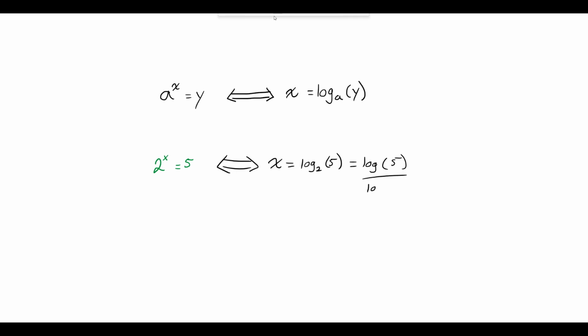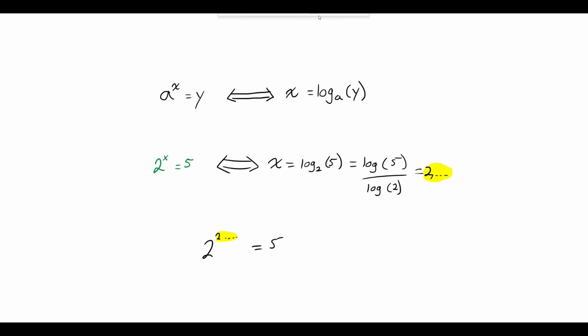If you put that in, you're going to get 2 point something. I'm not going to do it here. Then 2 to the 2 point something is going to be equal to 5. You can test that out in your calculator. That's just another way of solving for x.